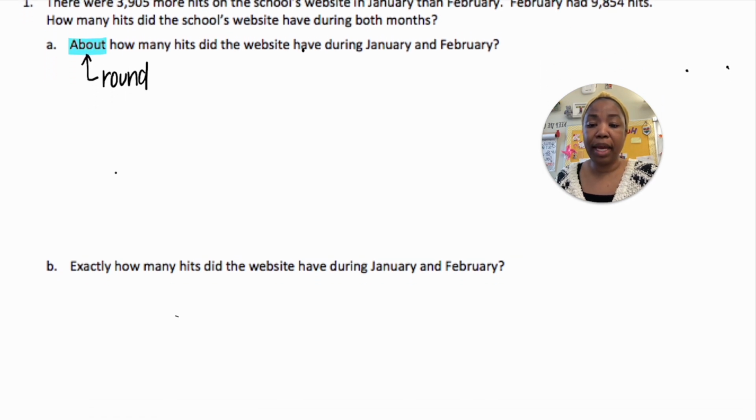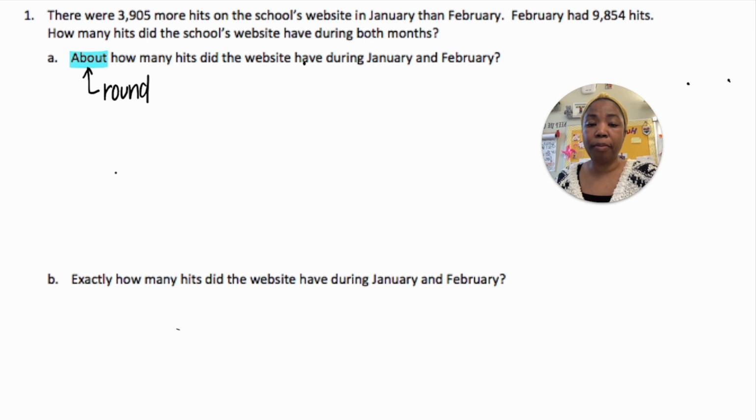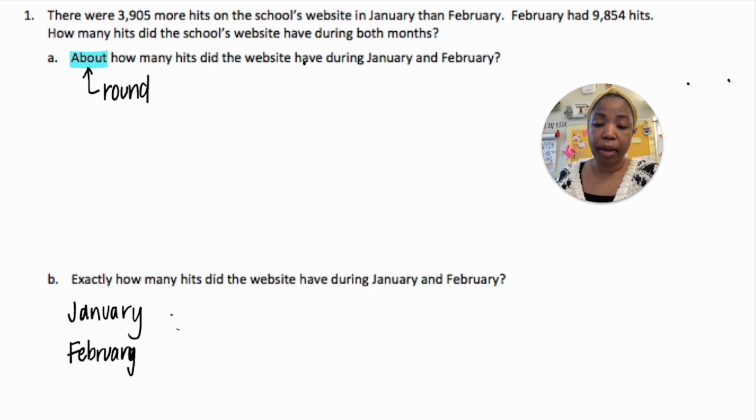And then for B, I'm going to set up my problem here. They tell us information about January and February, and we need to find the number of hits in January and February. I'm going to do a tape diagram for both. For January, they tell us that there were more hits than in February.